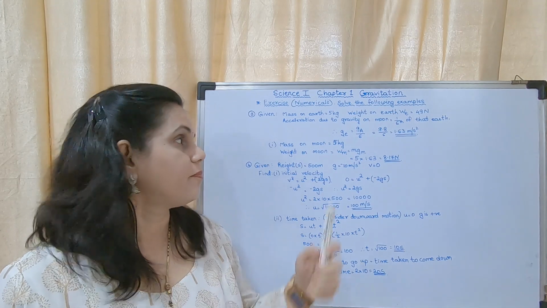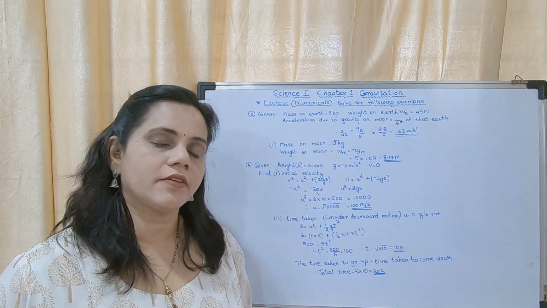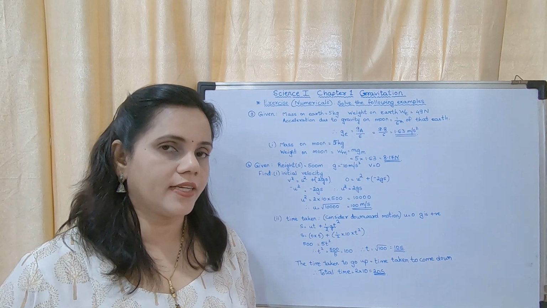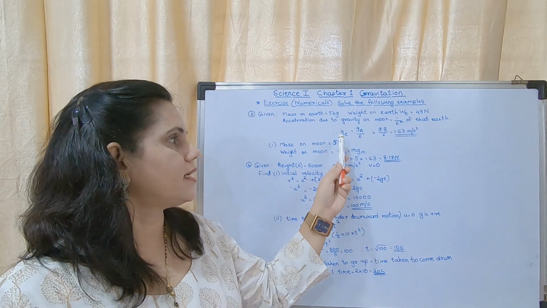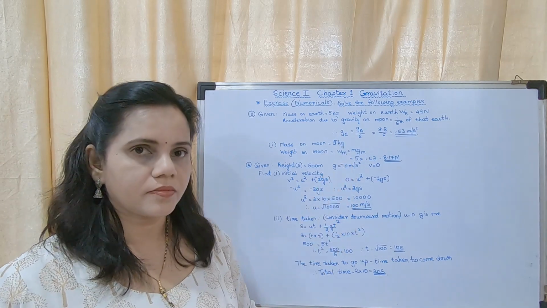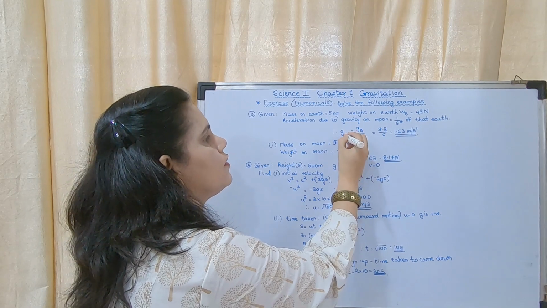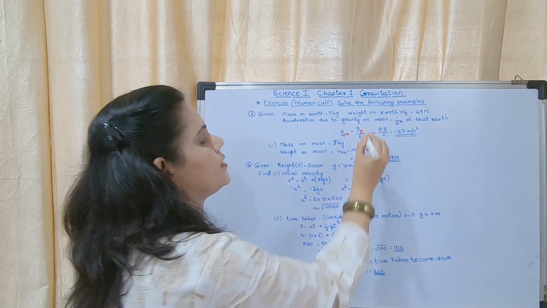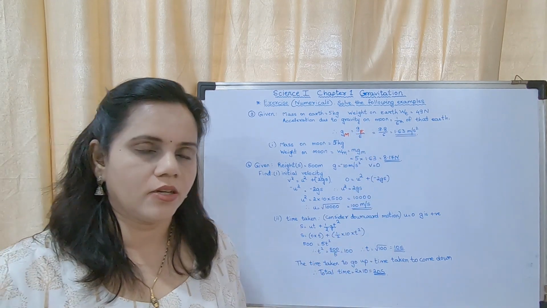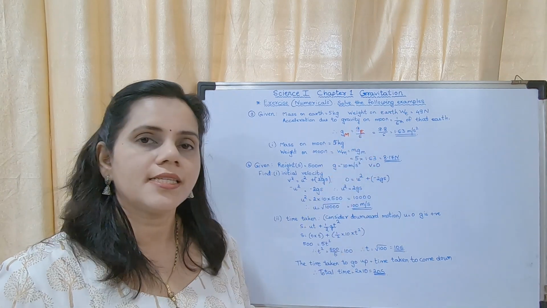This has been given. Acceleration due to gravity on moon is 1 upon 6th of that of the earth. That is also given in the question. If this is 1 upon 6th, then G on moon will be equal to G on earth upon 6.